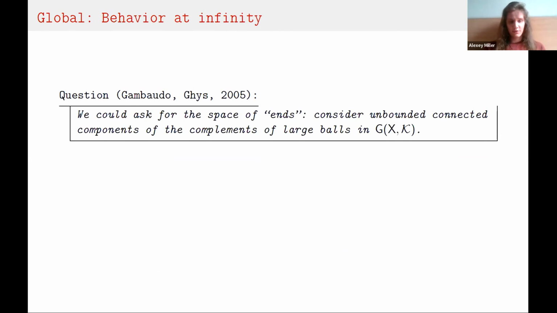They proposed studying its ends, that is, unbounded connected components of complements of bounded subsets.